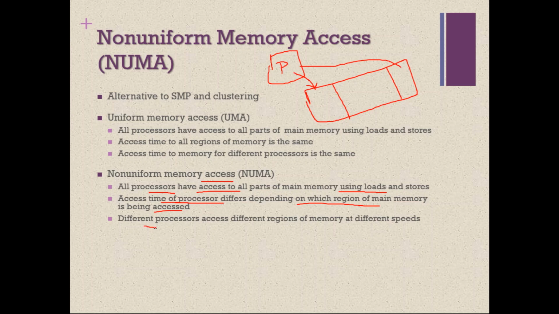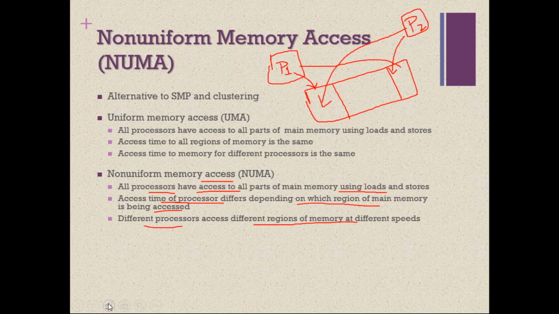Similarly, different processors access different regions of memory at different speeds. For example, if this is P2, placed here, it can access this region quickly, but it will take a long time to access this other region of memory. This type of memory access is called NUMA, non-uniform memory access.